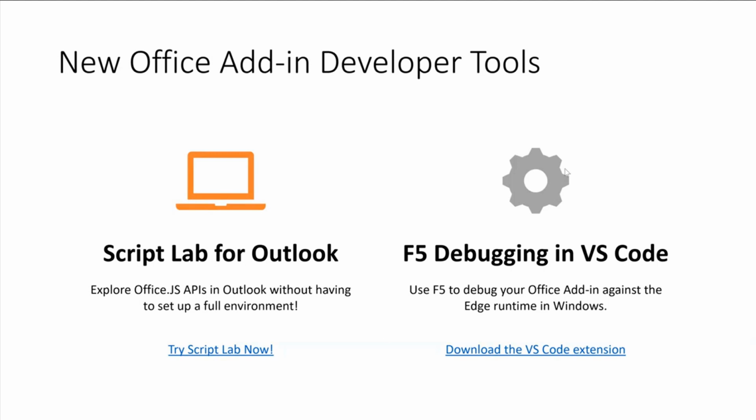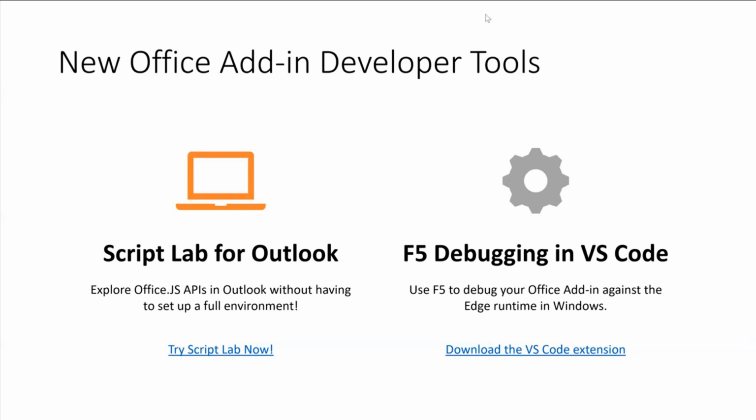And then the next thing I'll be talking about is the new debug extension for VS Code that allows you to debug task pane add-ins in Visual Studio Code. You can develop and debug all in the same tool, something that wasn't possible until this extension was shipped.